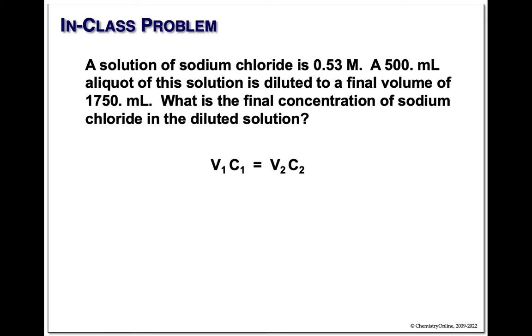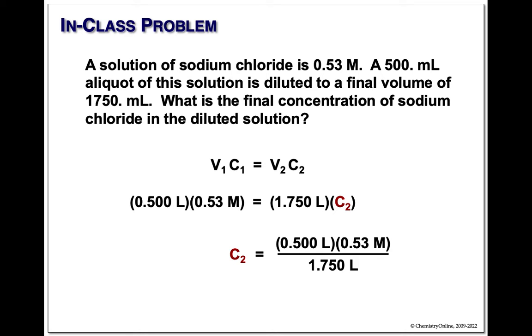C1, 0.53 moles per liter. V2, 1.75 liters, and we solve for C2. C2 is going to be these two divided by this guy.